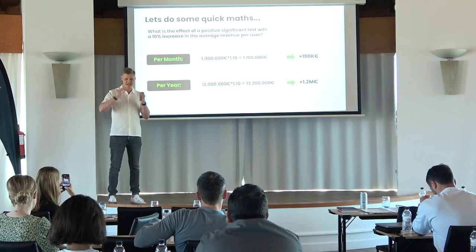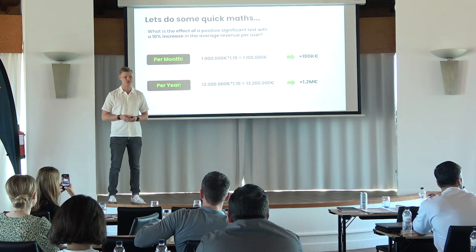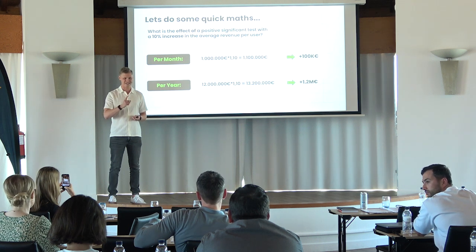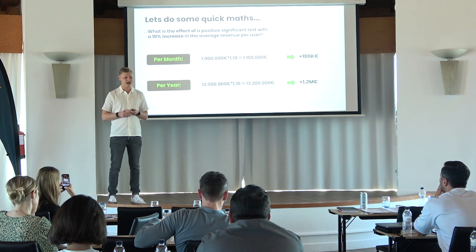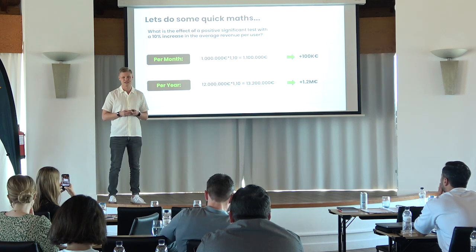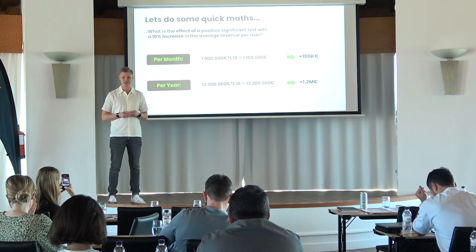Scaling this to a whole year, we have 1.2 million euros extra revenue over the year, only with one test. So I think this shows pretty well how effective A/B testing and shop optimizing can be if it's done correctly.